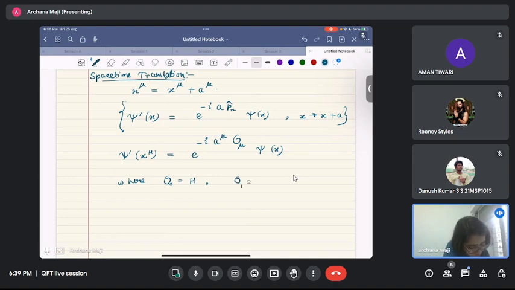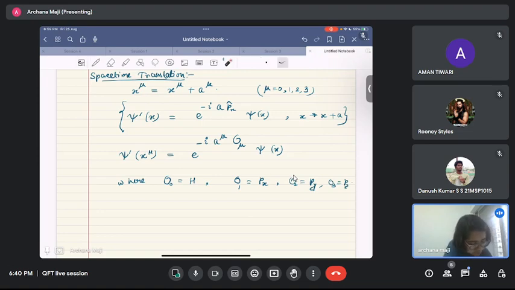Likewise, O1 will be momentum along x, O2 will be, or let me call it Ox, Oy. You understand, right? Here mu goes from 0, 1 to 3. So 0 corresponds to the time translation, and 1, 2, 3 correspond to the spatial translations. So O1 is Px, O2 will be Py, and O3 is Pz.